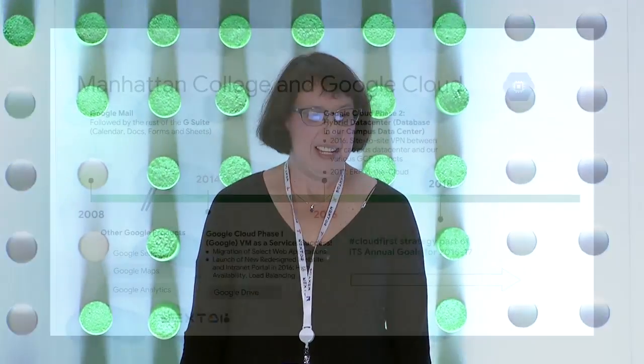What that entailed was migrating a lot of the web applications over to Google Cloud and to the compute platform. And also at that time, the college was going through a rebranding effort for their websites. Part of that involved us providing web servers. And rather than hosting them in our data center, they were now hosted in the cloud, on Google Cloud. That was with also high availability, load balancing. That was a big success for us.